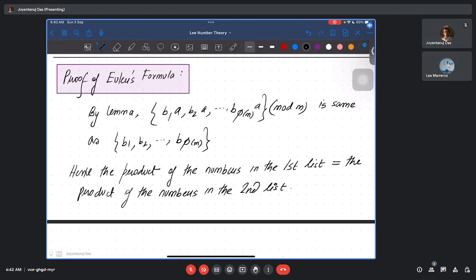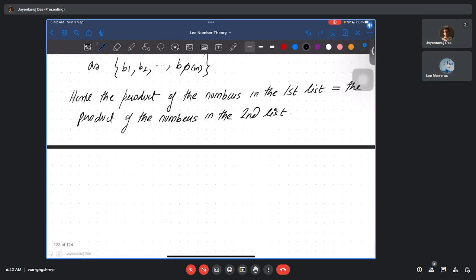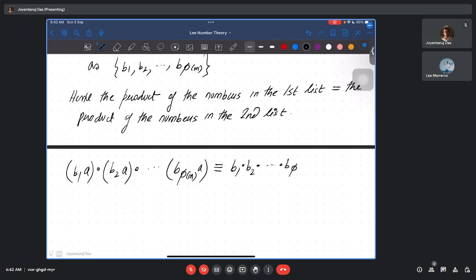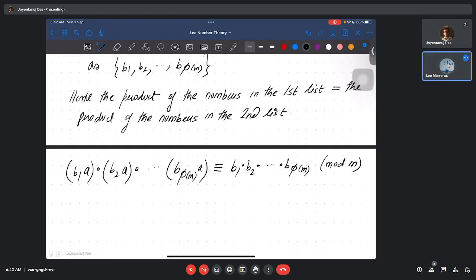So what I can write is b1a times b2a and so on up to b phi(m) a is congruent to b1 times b2 so on up to b phi(m) modulo M.